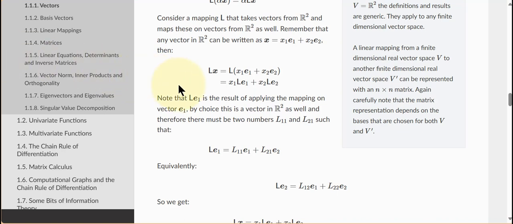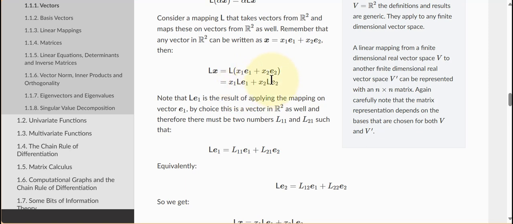Okay, so the next thing they point out is that L takes vectors from R2 to another vector in R2. So L takes this, E1, which is a vector in R2, to a different vector in R2. And the same thing here.